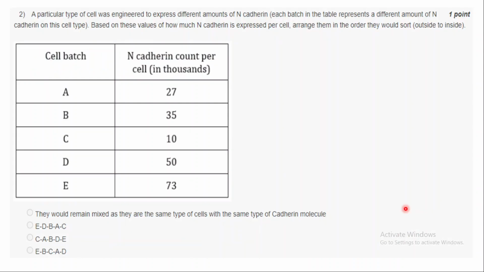I hope it is clear to the students. I see a few more students have joined. Just let me know in the chat if it's clear. Then we are already moving to the second question. I can see Ajay and Simontini. Sakshi has also joined.